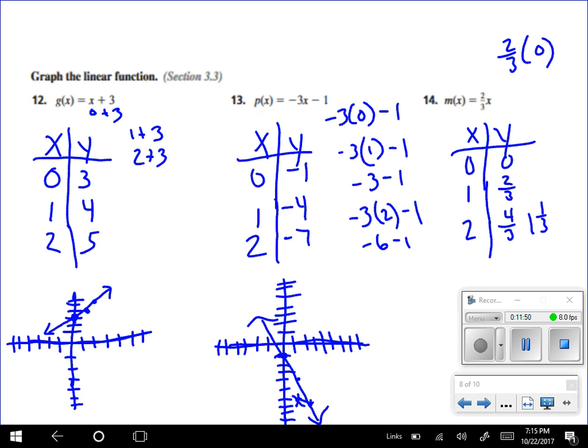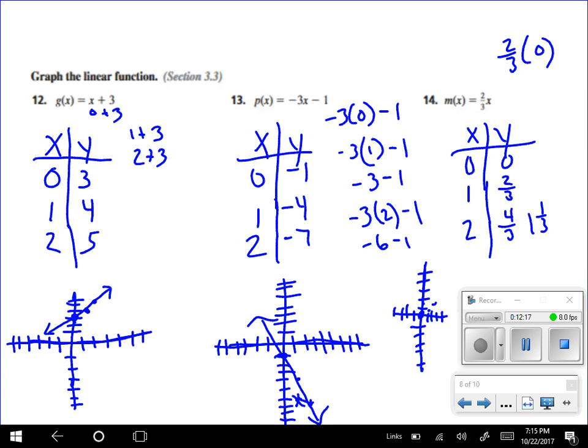So if you graph that, it's going to be kind of small. 0, 0, 1, 2/3, 2, and something close to that.